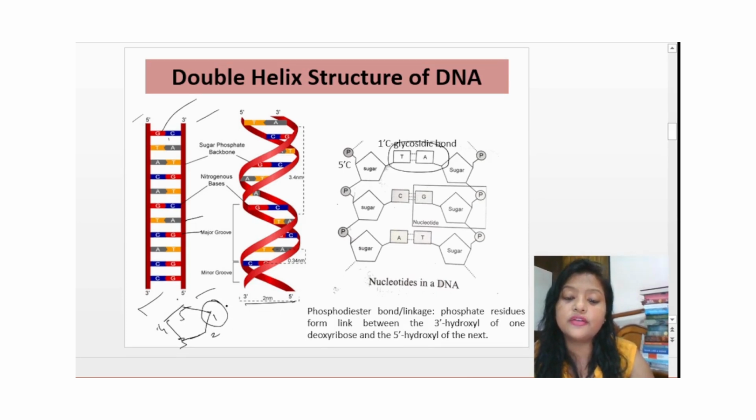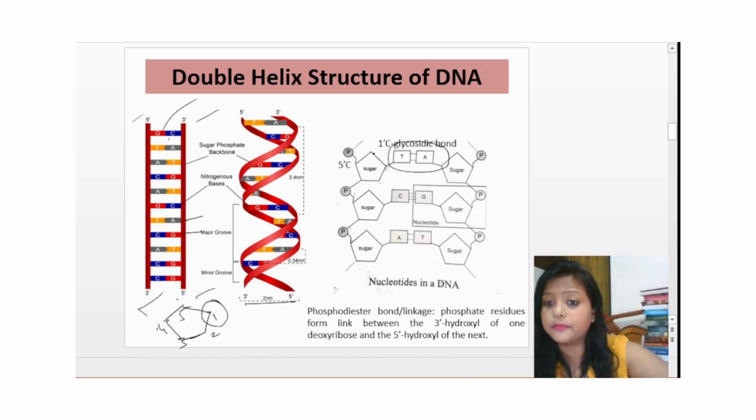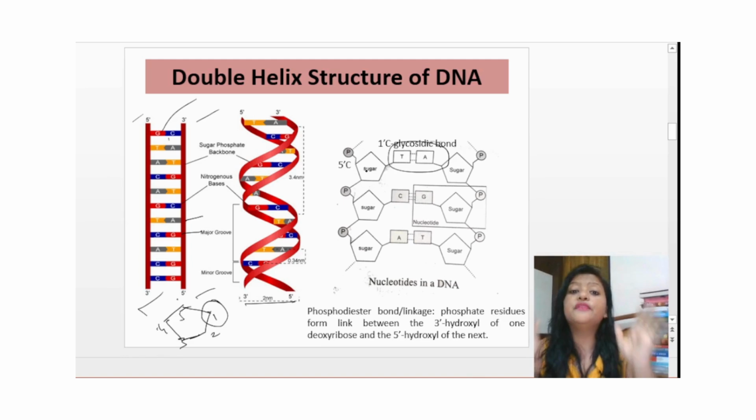The first carbon is linked with the nitrogenous base, and the fifth carbon is linked with the phosphate group. So the first carbon link is known as glycosidic bond, and since the phosphate is acidic in nature, therefore the structure is known as nucleic acid. Remember that. I hope this much is clear for you.